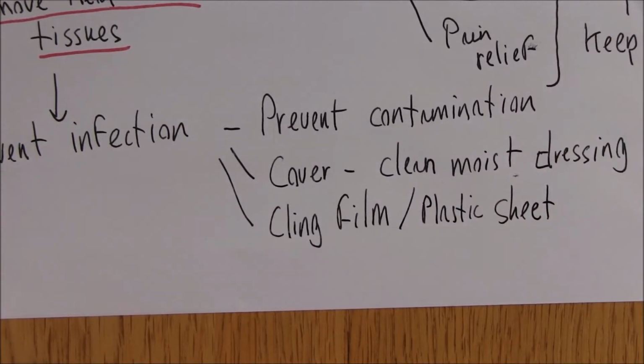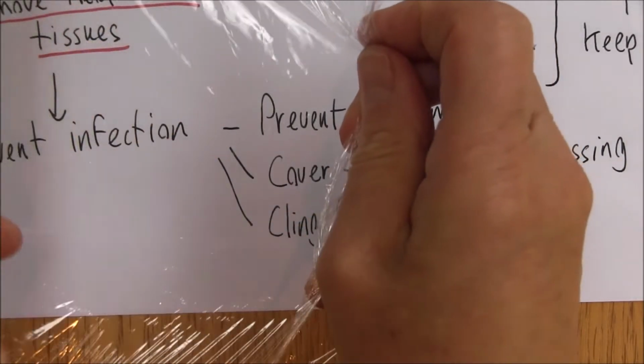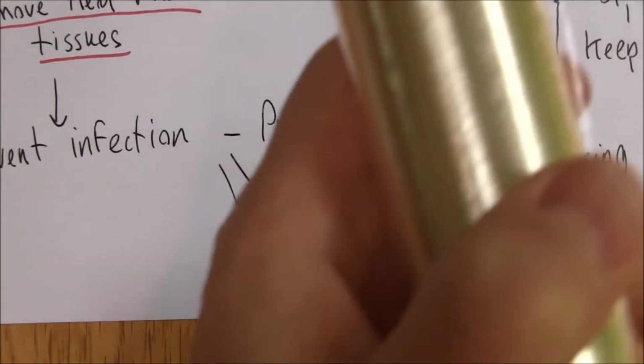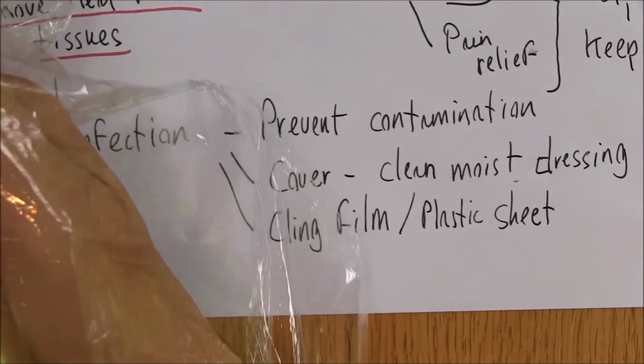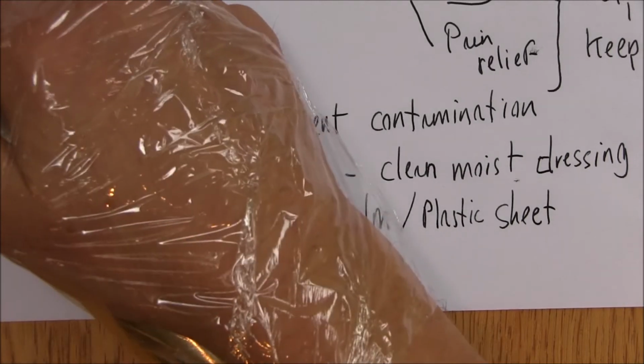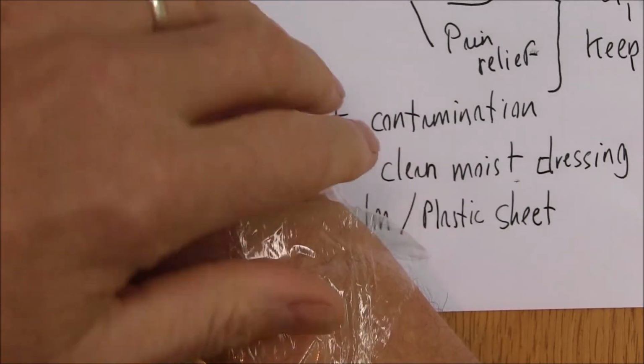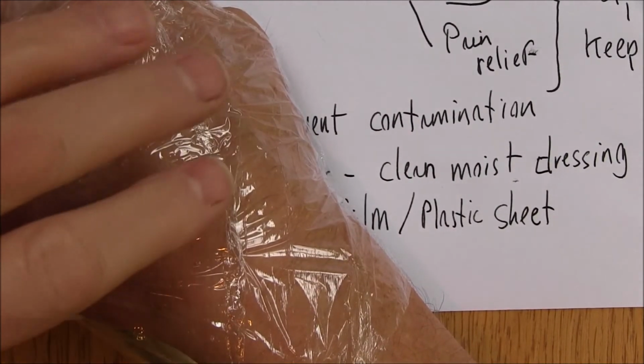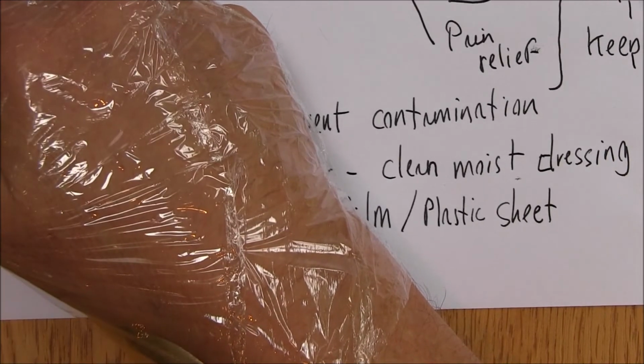Now, just simple cling film. This cling film here, you can just lay that over the burnt area, and that will cover the burnt area, and it's actually keeping the bacteria out.